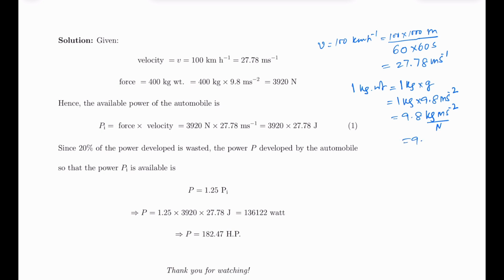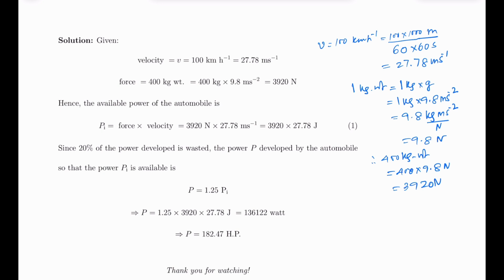So this is 9.8 Newton. So 1 kilogram weight is 9.8 Newton, and therefore 400 kilogram weight is 400 into 9.8 Newton. So this is 3920 Newton, and this is what we have written here. ठीक है.